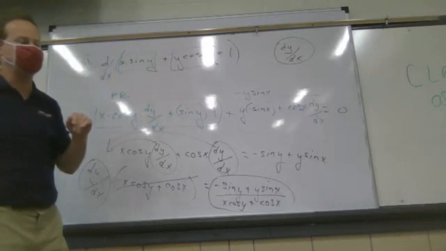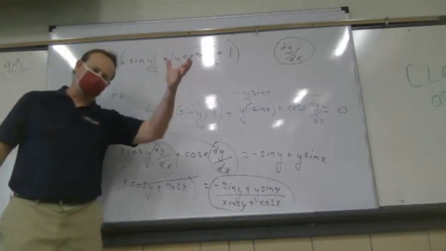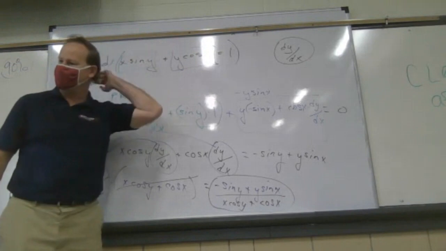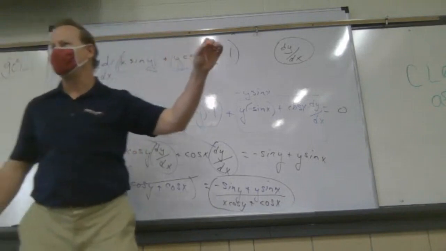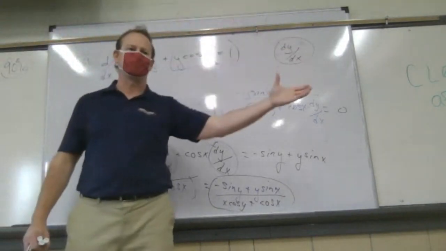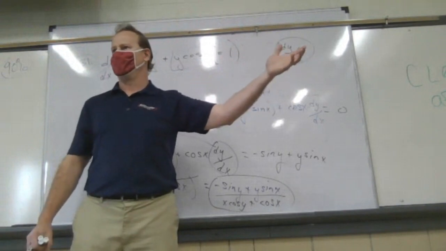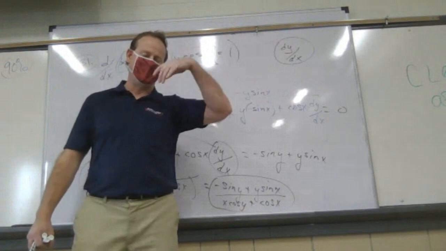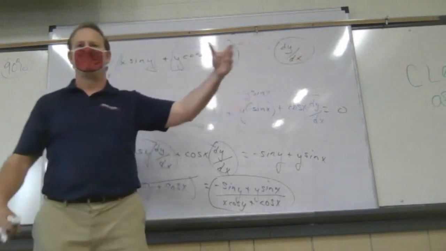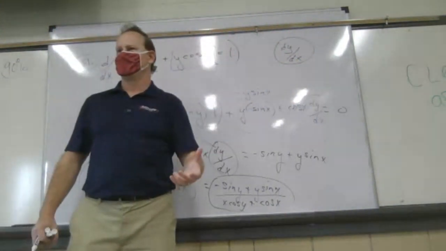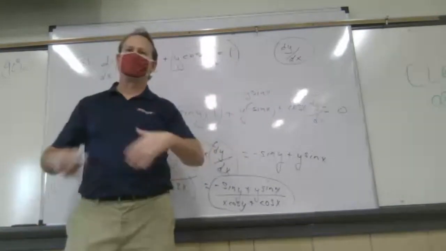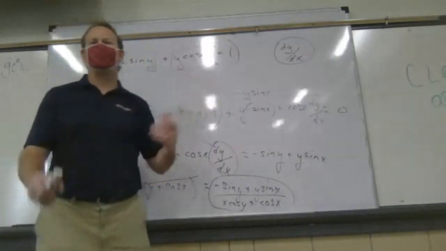What's nice about implicit differentiation, in the previous sections, when you used the chain rule, you knew what f of x was. f of x might have been the square root of x squared plus 3, for example. But f of x could have also been sine of x, right? It could be any function.